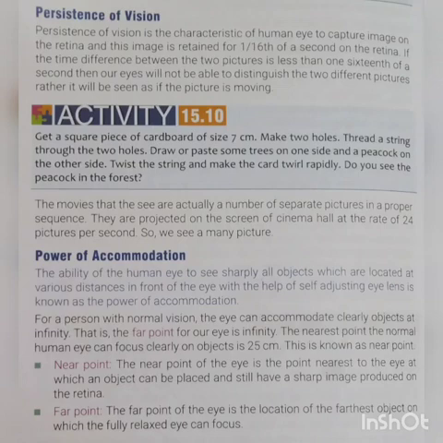So for a person who has normal vision, the eye can see clear objects at an infinite distance. So for a person with normal vision, the far point is infinity, and the nearest point at which the normal human eye can focus objects is at a distance of 25 centimeters.